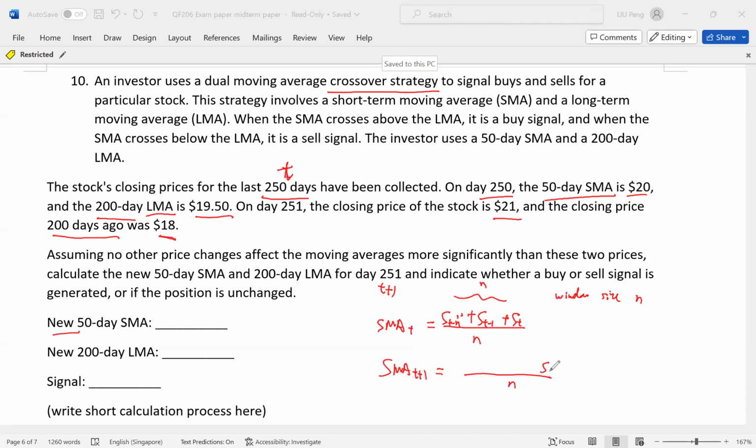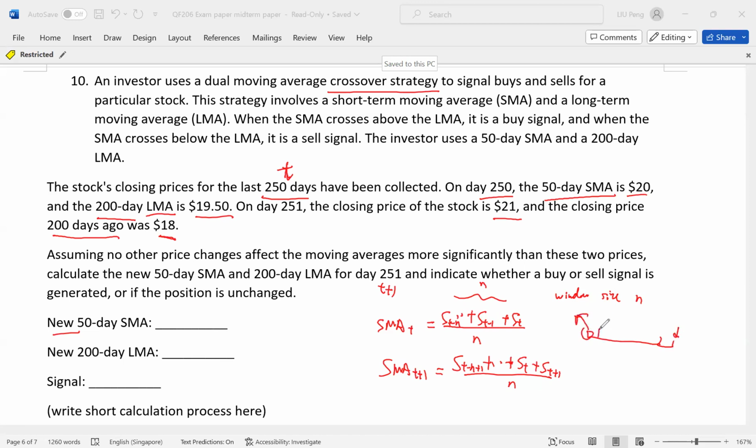We still add the previous periods, but this time we only go back to S_{t-n+1}. So the difference is that we move forward by 1 period. This is the previous window, and when this new point comes in, this one should move out.